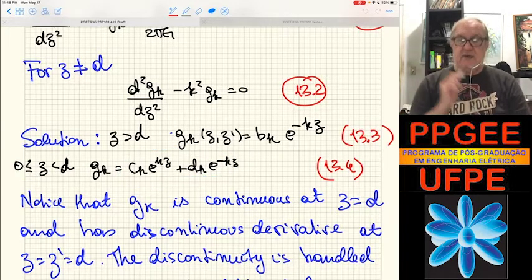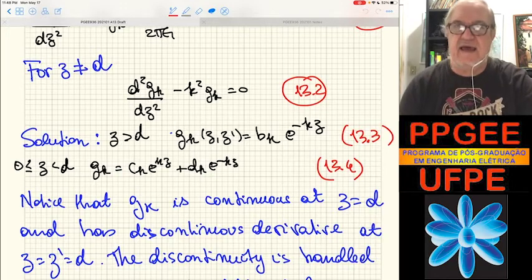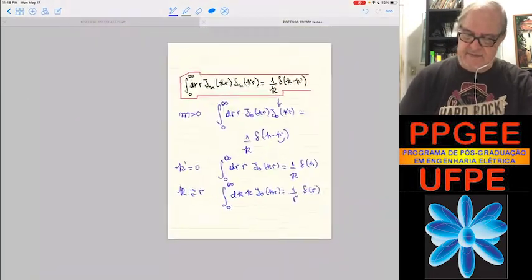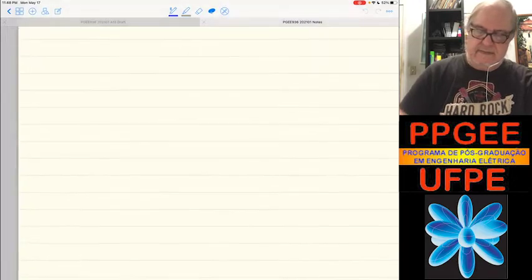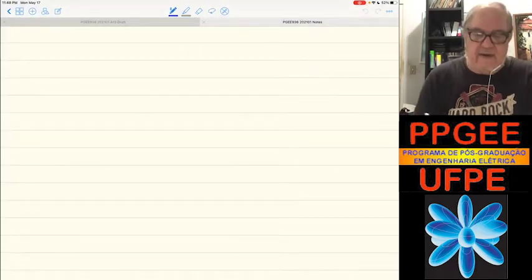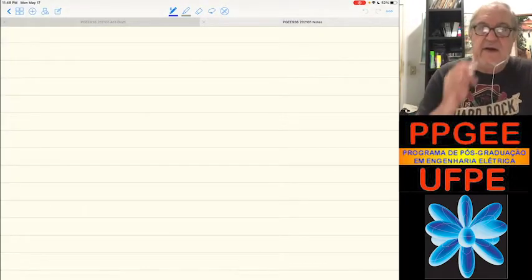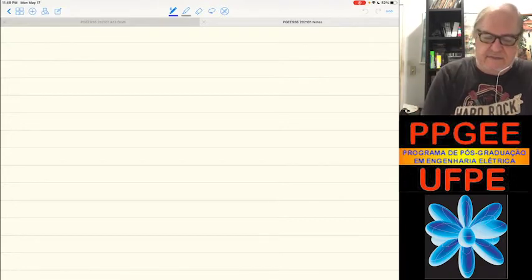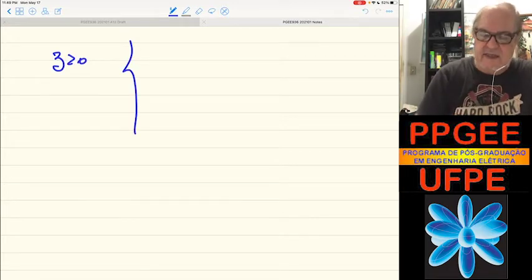Okay? So notice now, how many constants we have in the problem? Let's enumerate, okay? In the upper region, z larger than 0, we have two subregions: z larger than 0 and smaller than d, and z larger than d.